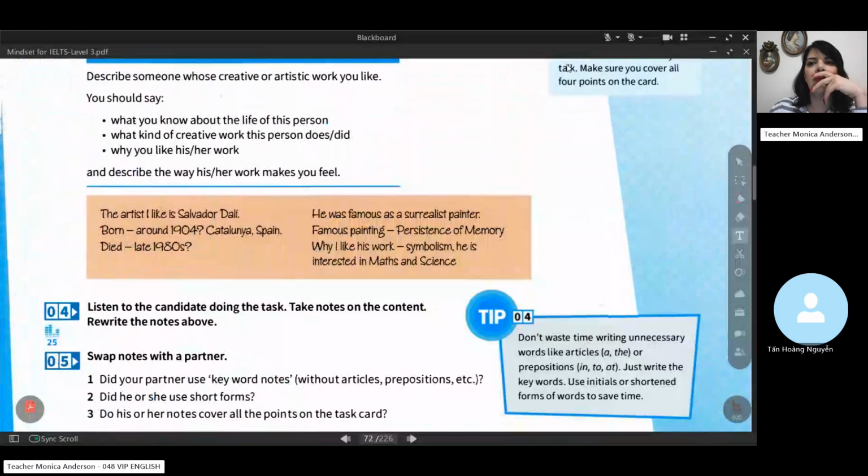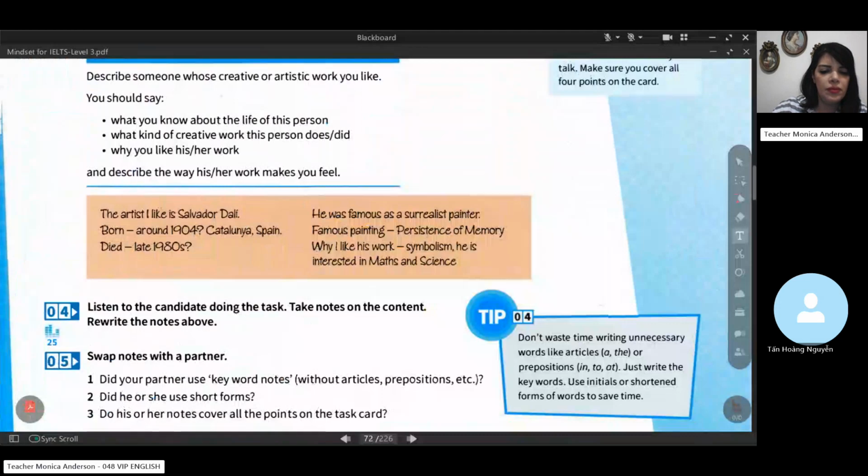The creative person I have chosen is Salvador Dali. I visited the Dali Foundation in Figueres last year, and it made a great impression on me. He was born in Catalonia in Spain. I'm not sure of the exact year, but I think maybe around 1904. And he died in about the late 1980s when he was in his 80s.